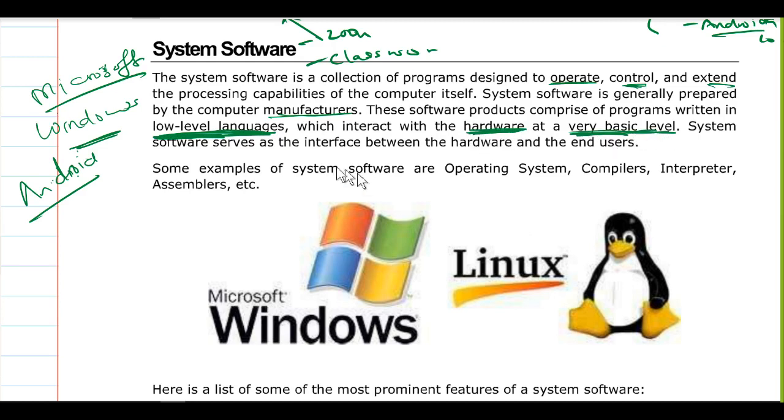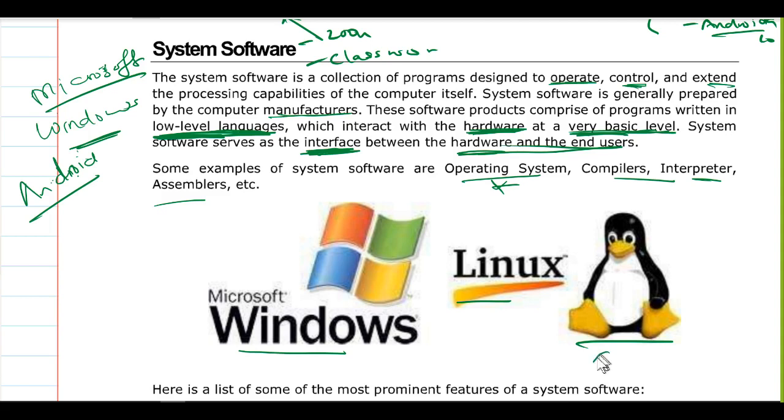System software serves as an interface. The keyword there is the interface between the hardware and the end user. Some examples of system software: operating systems, compilers, interpreters, assemblers, among others. The most obvious ones are Windows, Linux, Solaris.